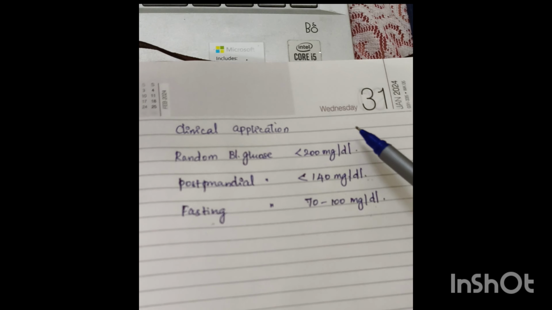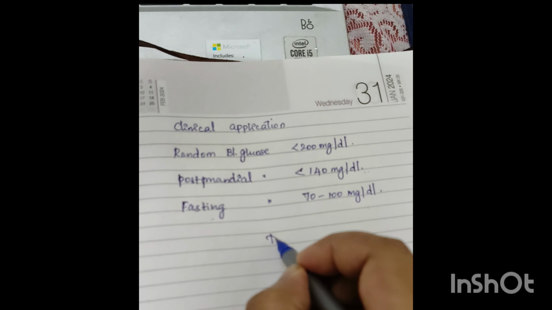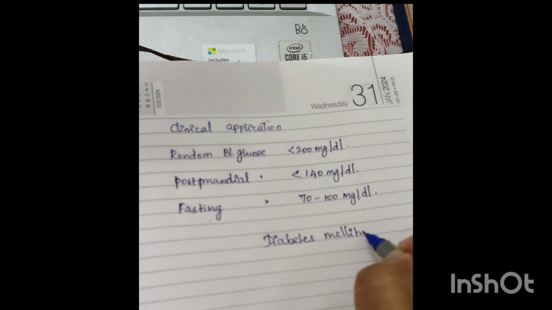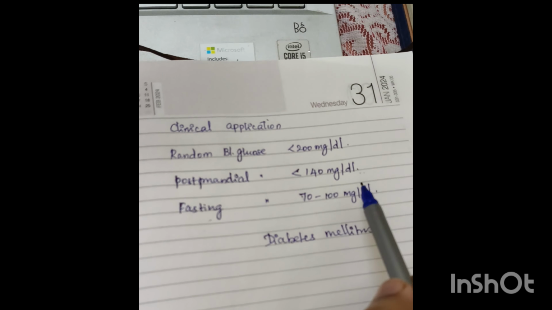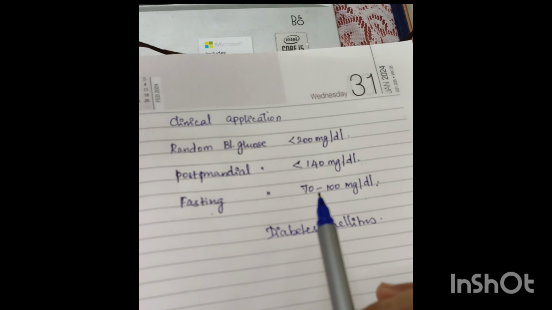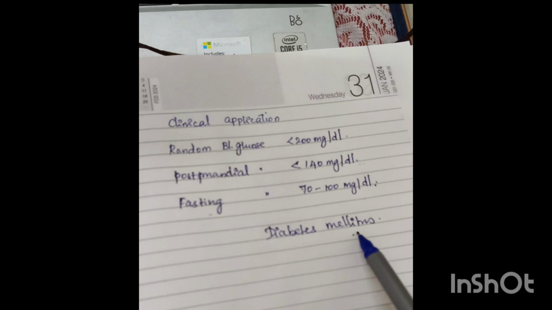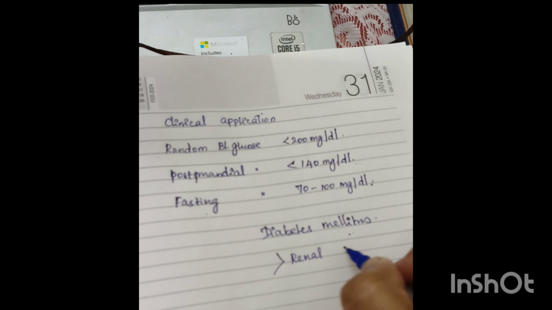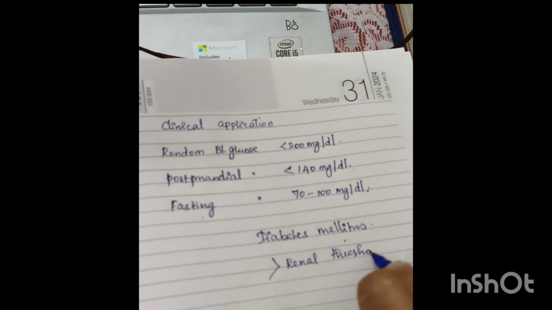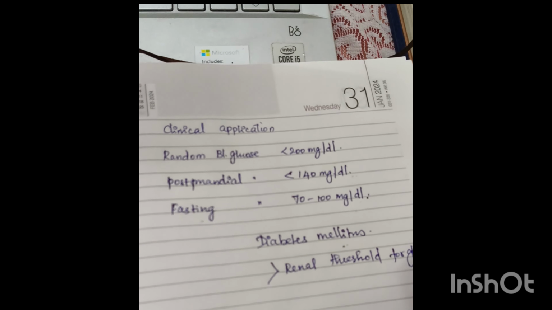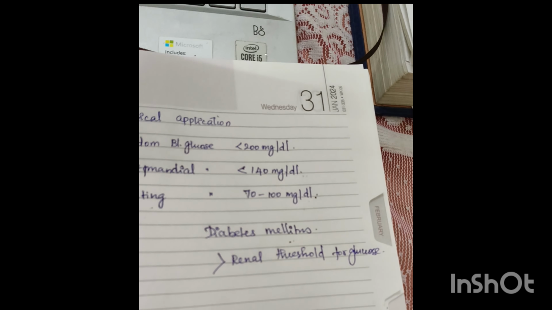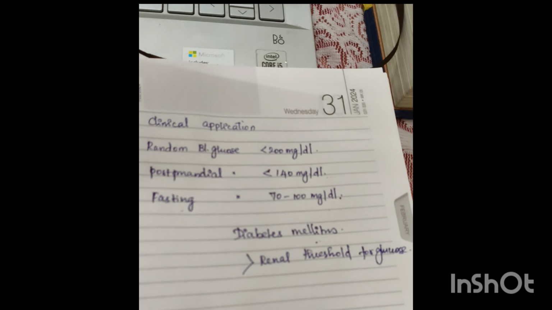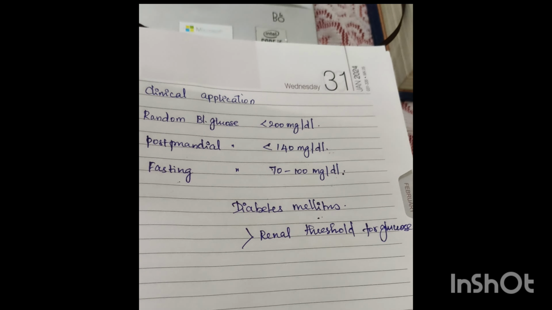So in diabetes mellitus, the blood sugar level will increase to more than 200 milligram per deciliter. This is above the renal threshold for glucose. So these diabetic patients will start excreting glucose through urine.